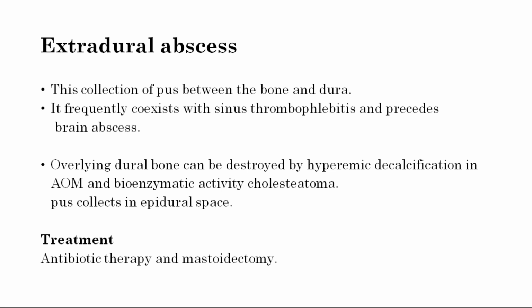And then once the pus is drained out, you can rinse the area with antibiotic solution and remove any granulation tissue or any dead bone in that area. And also you can repair the defect using a bone wax, or even cartilage.